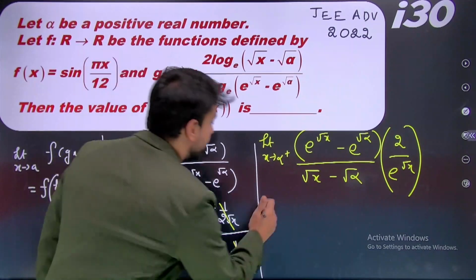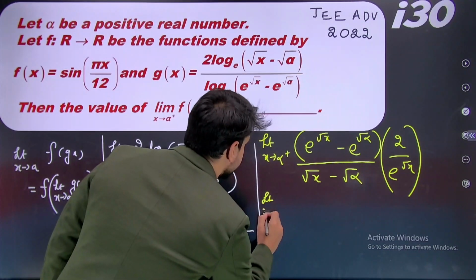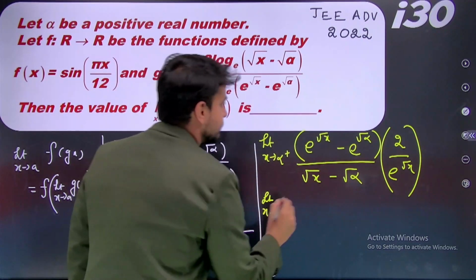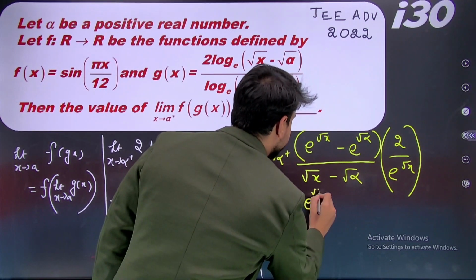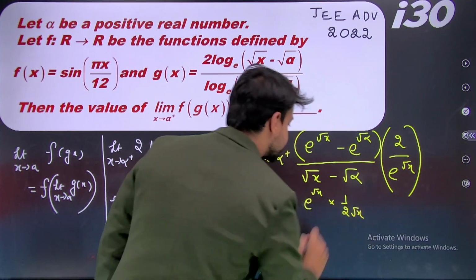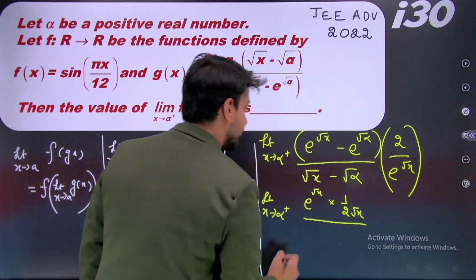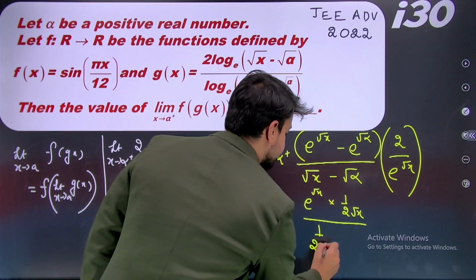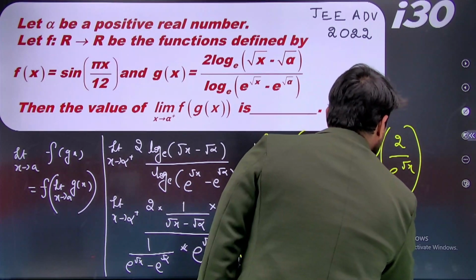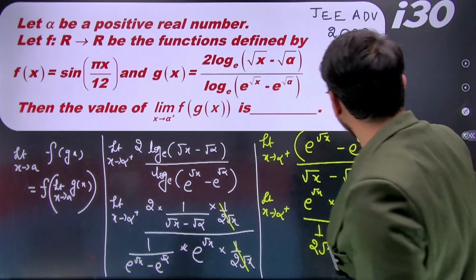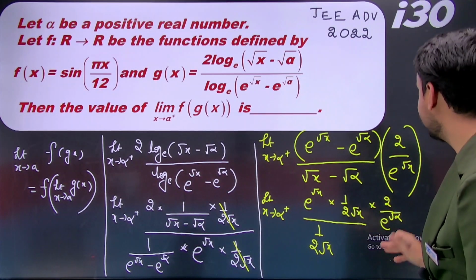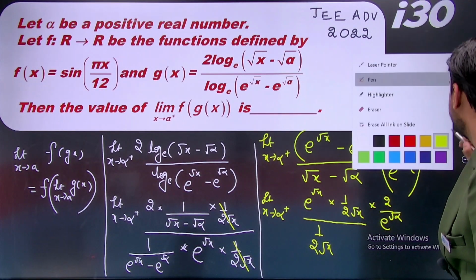So let's see what we are getting. We'll be getting the differentiation of e^root x, as we've discussed, is nothing but e^root x into 1 upon 2 root x, divided by 1 upon 2 root x. And this value here, 2 upon e^root alpha, I've calculated its limit. You can leave it as it is if you want to, otherwise you can substitute the value as well.